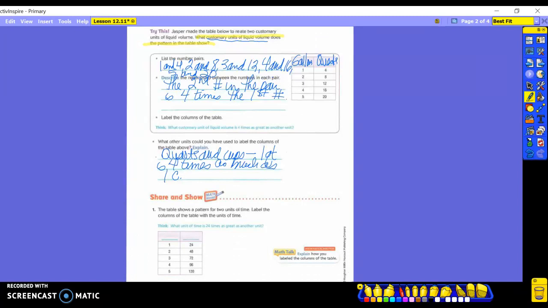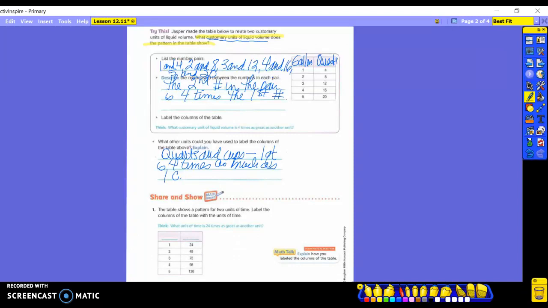So we could have put quarts and cups up there in the table, right? And then down here on this one, we could have written quarts and gallons. Now I will tell you that some of the tables are only going to have one correct answer. There's not going to be a lot of them that have 2 like this one did.